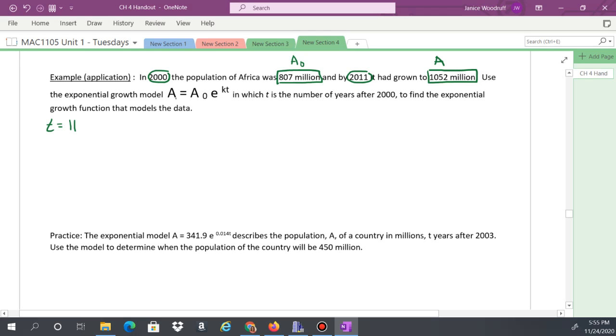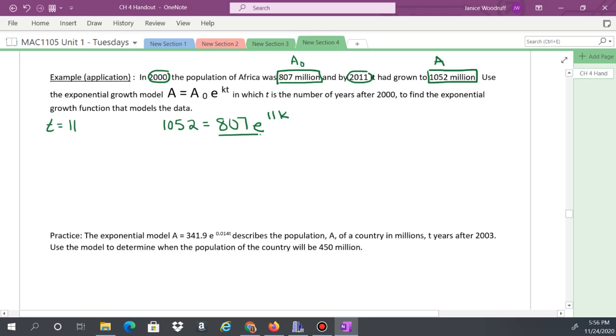If we plug this in, you've got 1,052 for your A, an A sub 0 of 807, e is e, K is unknown, time is 11. I'm going to put the 11 in front of the K because 'K11' just looks weird. This is very similar to the problem in the last section where we were finding the time that was unknown. So isolate the e.